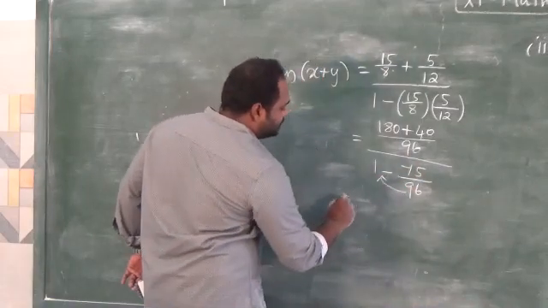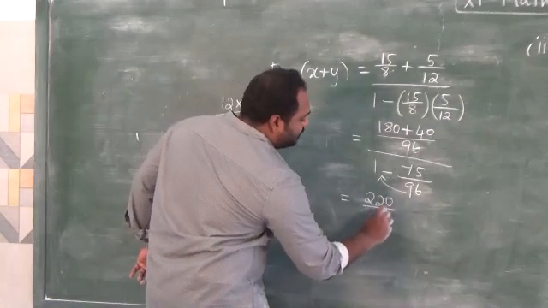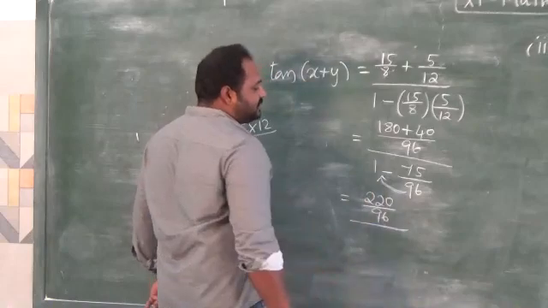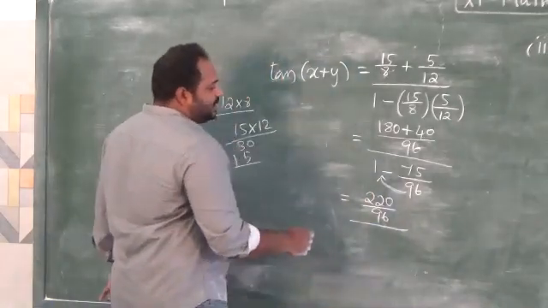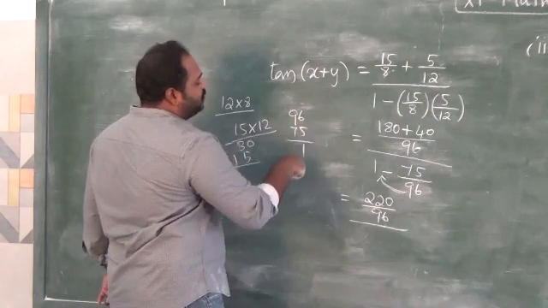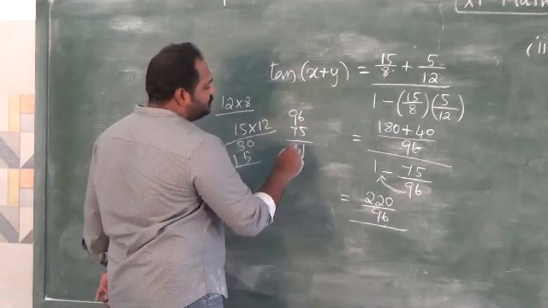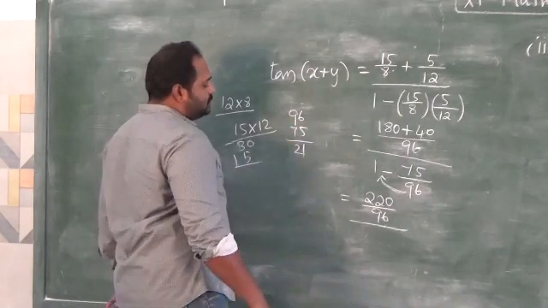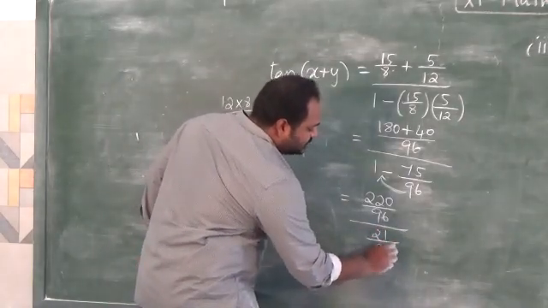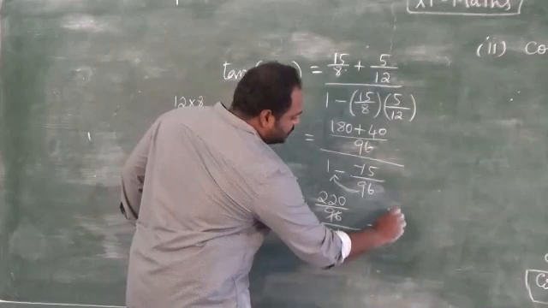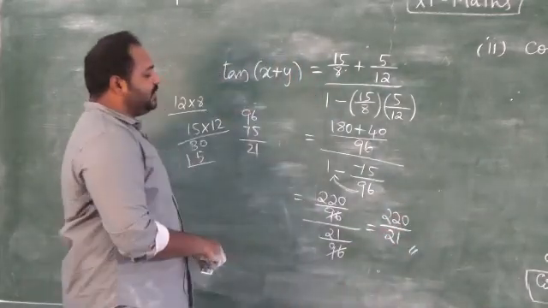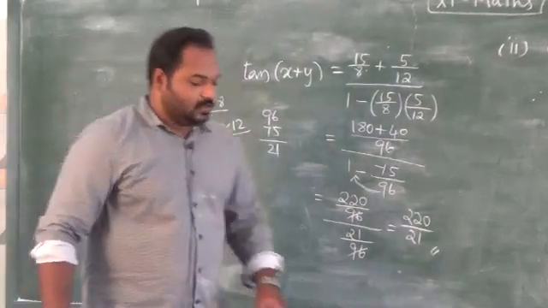Cross multiply this: 220 divided by 96, the whole divided by 96 minus 75, which is 21 by 96. If I cancel this, 220 by 21 is the answer for tan of x plus y.